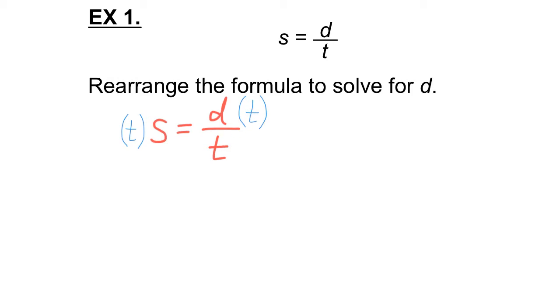So those t's cancel each other out. We're left with d on the right-hand side. T times s on the left-hand side. So to calculate distance, it's the time multiplied by the speed. So here we've rearranged the formula to isolate or solve for d.